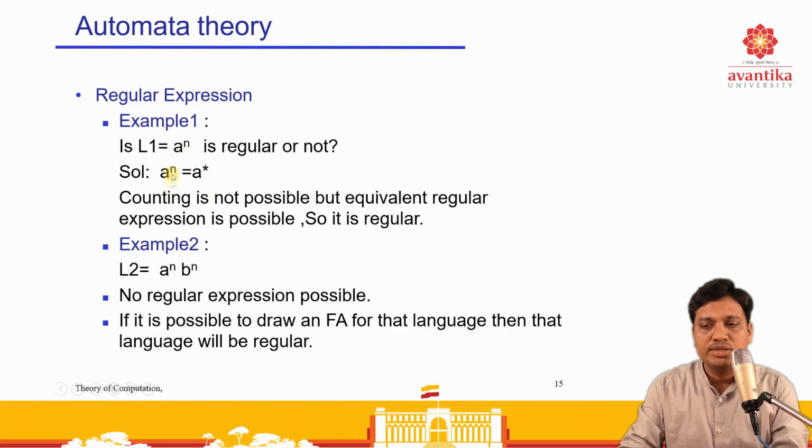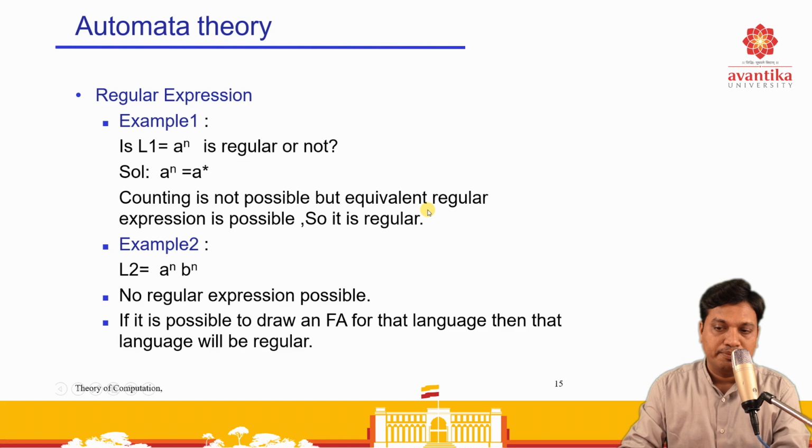Counting is not possible with A star, but an equivalent regular expression is possible. So in case both are equal, we can say that L1 equal to A to the power n is a regular language.